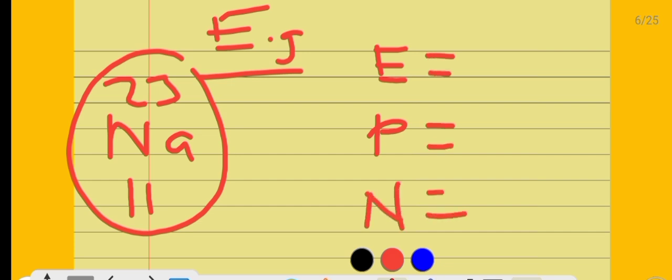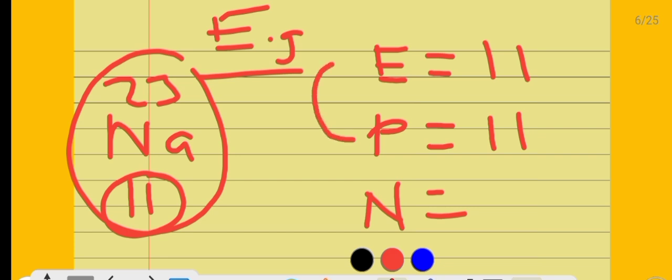The atomic number represents the number of electrons. Since the atom is electrically neutral, the number of protons is equal to the number of electrons.